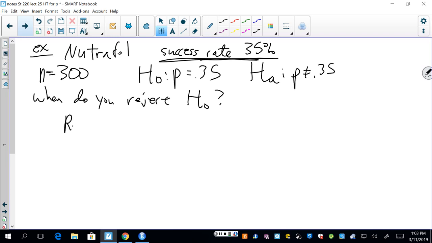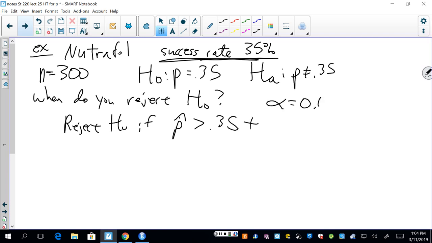We're going to reject H0 if P hat is greater than 0.35 plus. Now, what we're going to do is at alpha equals 0.05 level, so we get a 1.96 here.